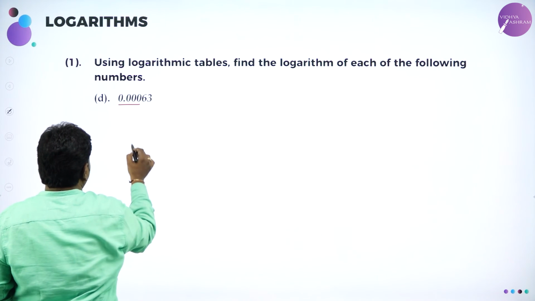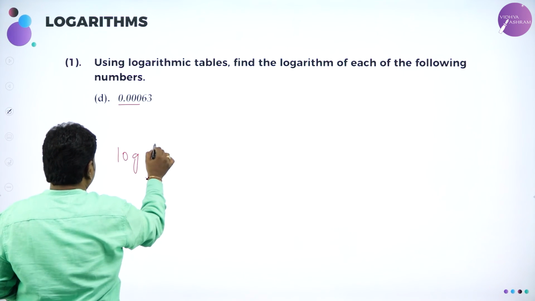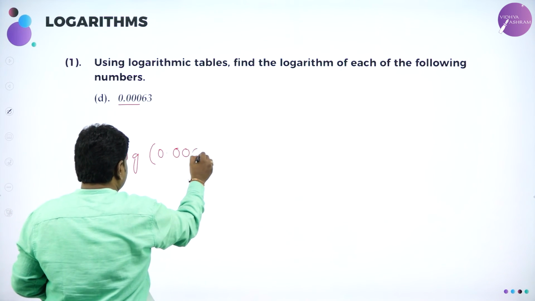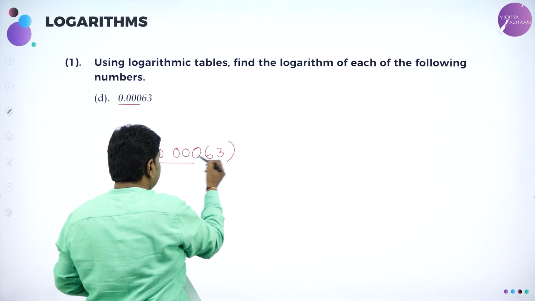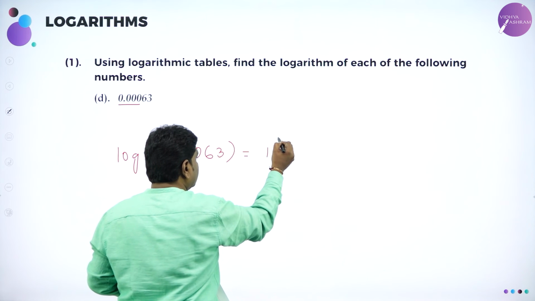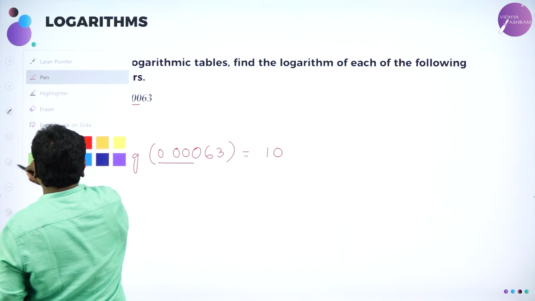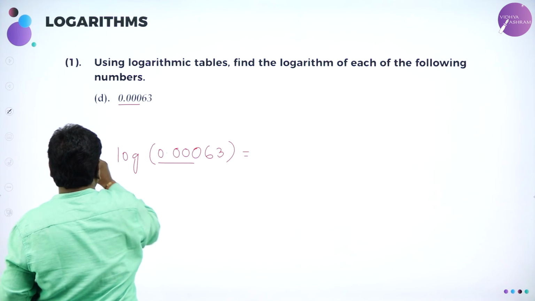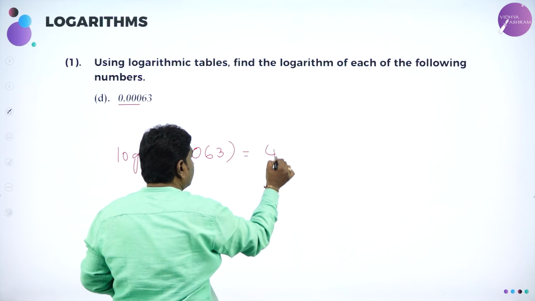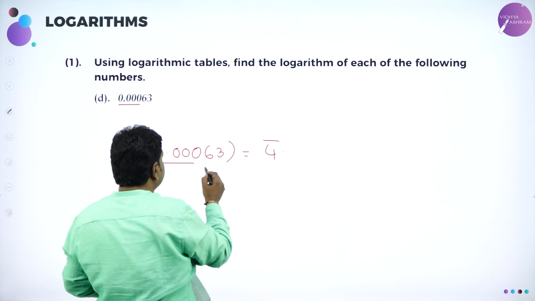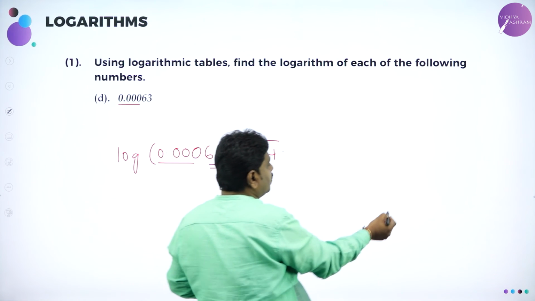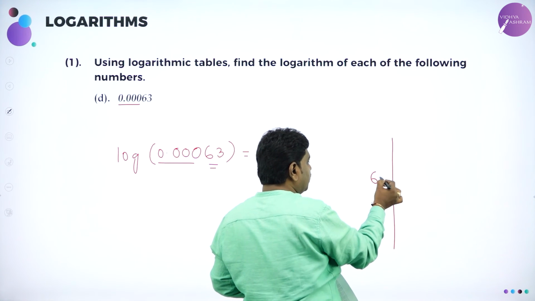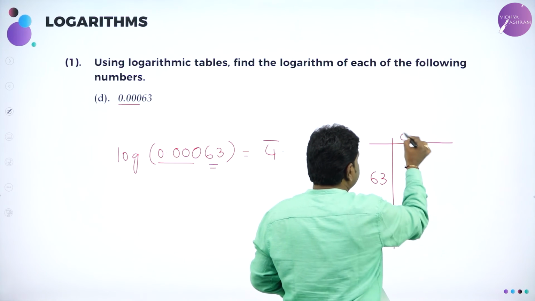Log of 0.00063. How many zeros are there? 4 zeros. So that's why we call it bar 4. Bar 4, then 63 under 0. Open the log book or log table, 63 under 0.